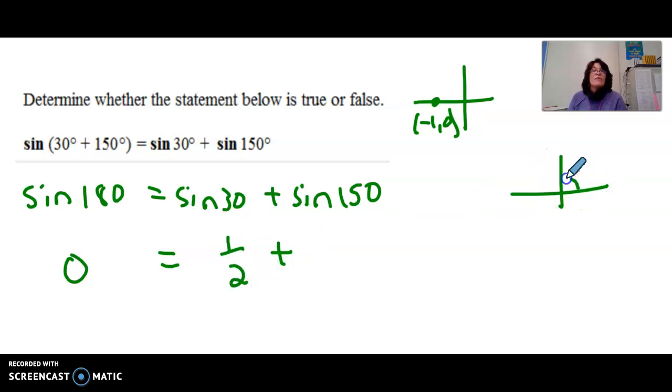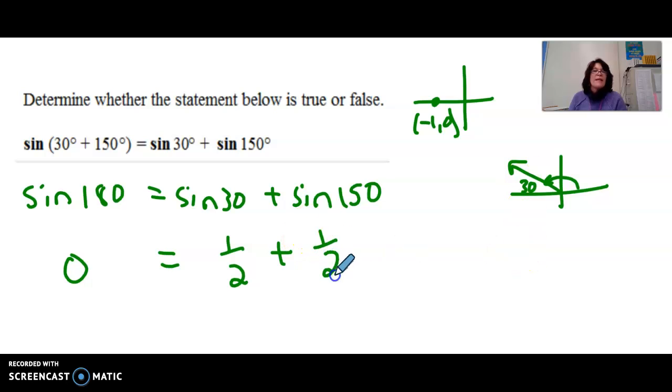The sine of 30 is a half. The sine of 150, which is 30 degrees away, right? Isn't that 30 degrees away from 180? Okay, so the sine of 150, would that be positive a half?